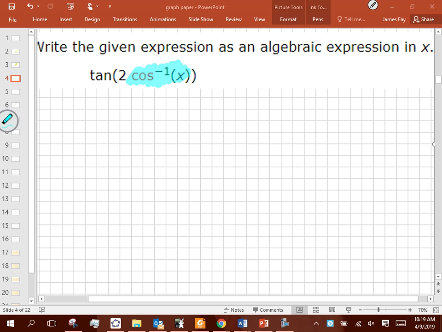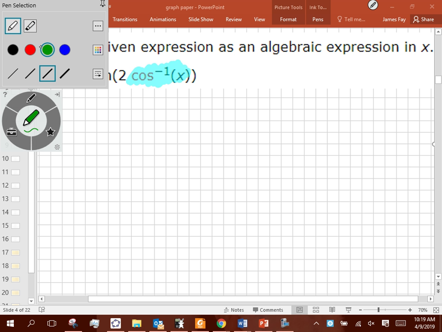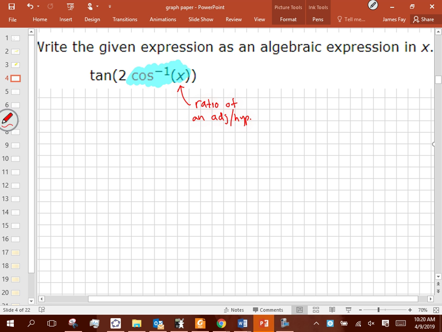But I have to understand a little bit of the structure here of the cosine inverse and what we mean by that function having an input. That input right there for cosine inverse is a ratio of an adjacent side divided by a hypotenuse, right? If it was sine, it'd be opposite and hypotenuse. If it was tangent, it'd be opposite and adjacent.